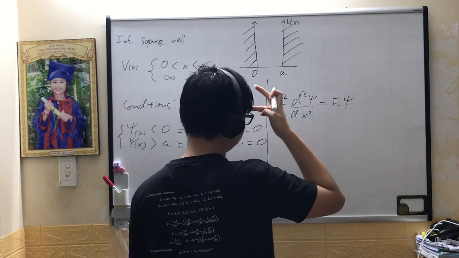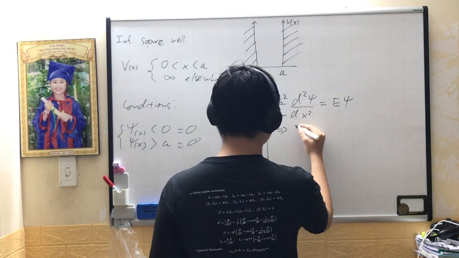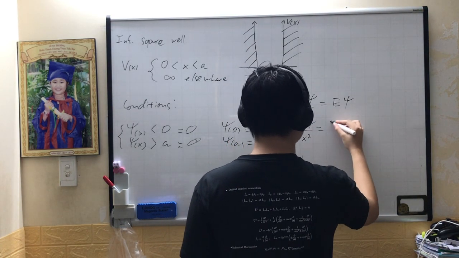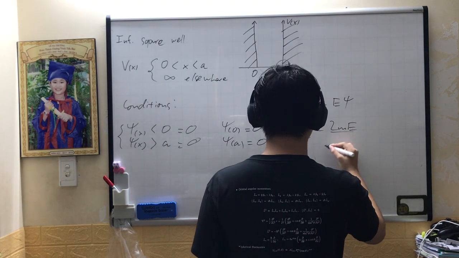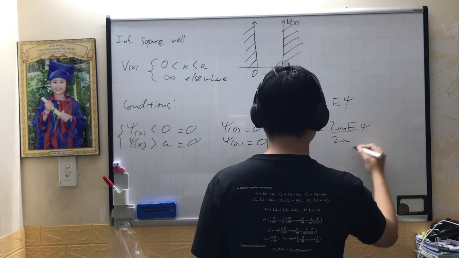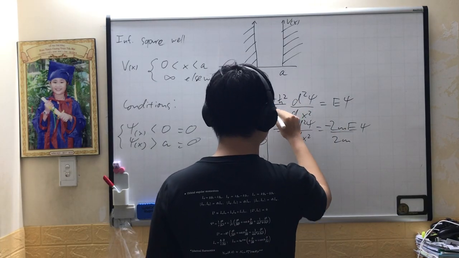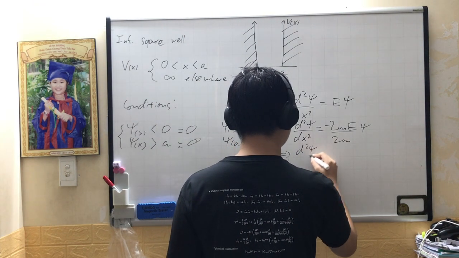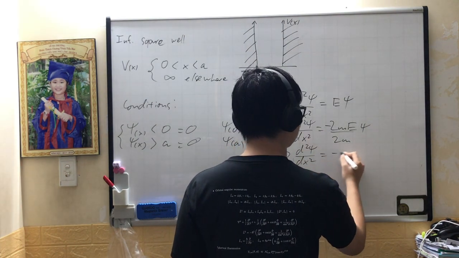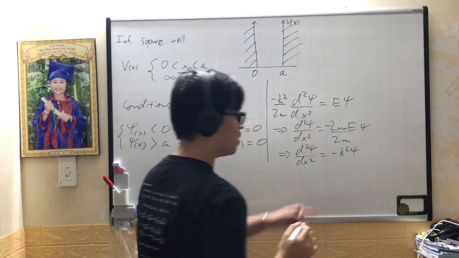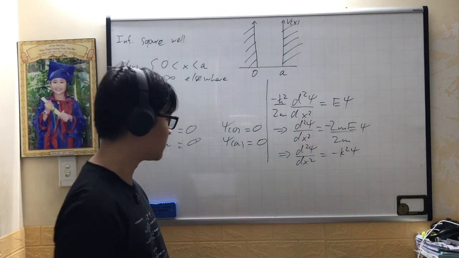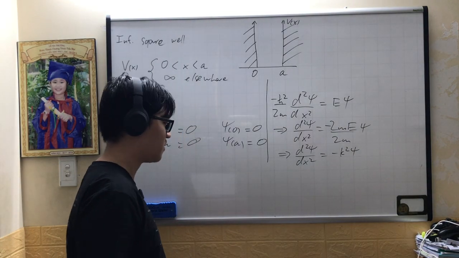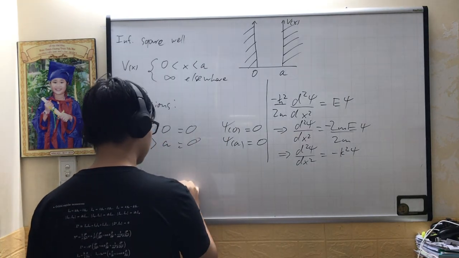This is equal to that. From here, you put all those numbers on one side, and E. So just write E here in the first region minus V. Here you get that the second derivative is equal to minus k squared psi, and this indicates that your wave function would take the form like this.